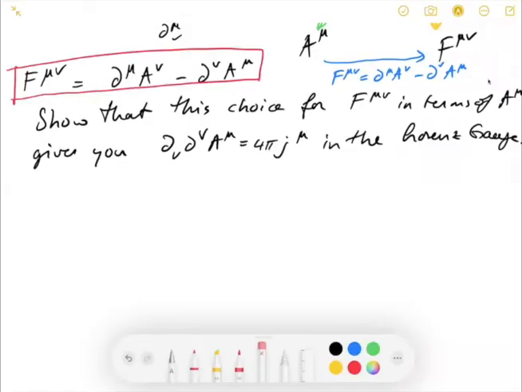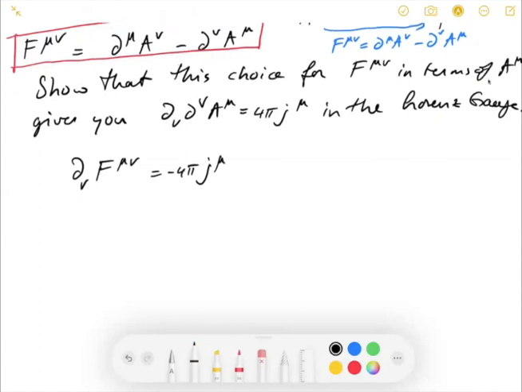All right, so we want to calculate this. We know that del nu F mu nu is minus 4 pi j mu.